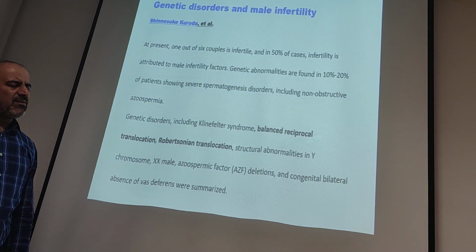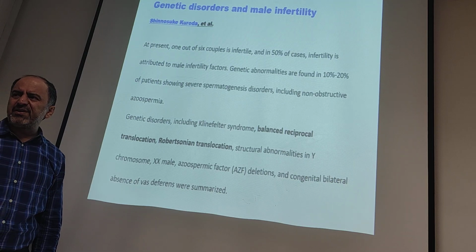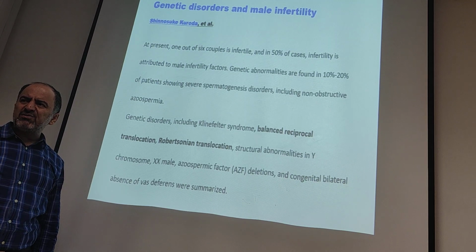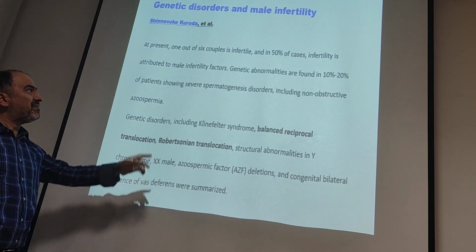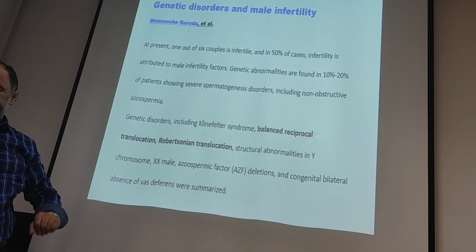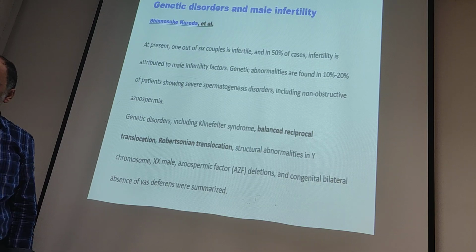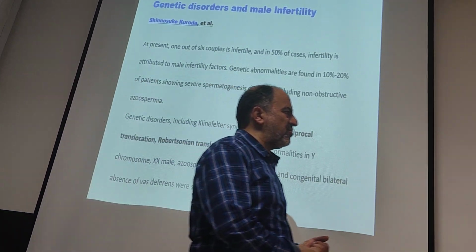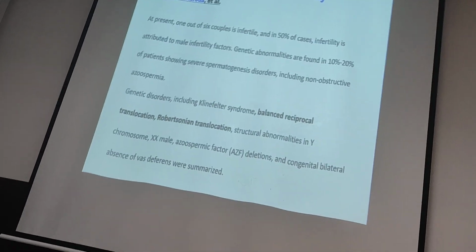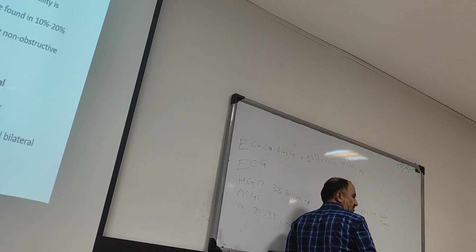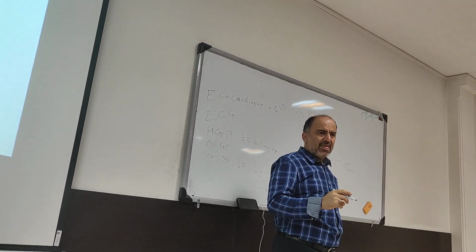Okay, I wanted to close the first session about balanced and unbalanced translocation by looking at infertility, male infertility. It is quite common. I think last week I told you. It is 15% of infertility in human beings around the world. 15%.